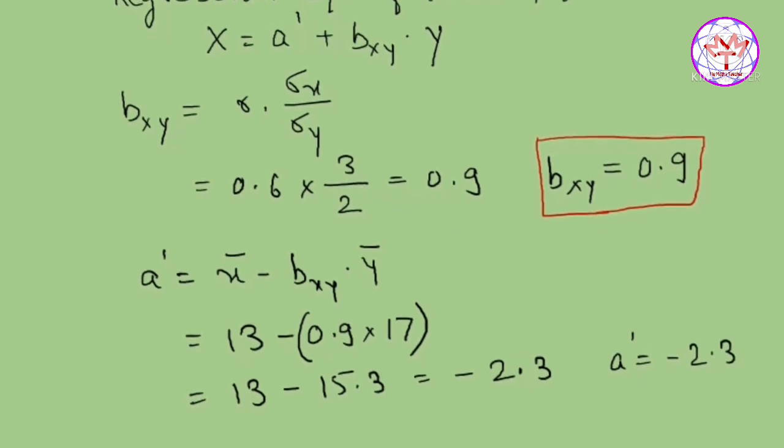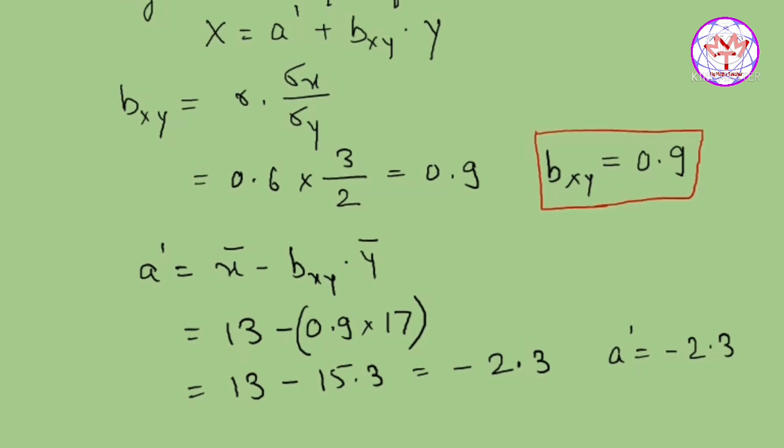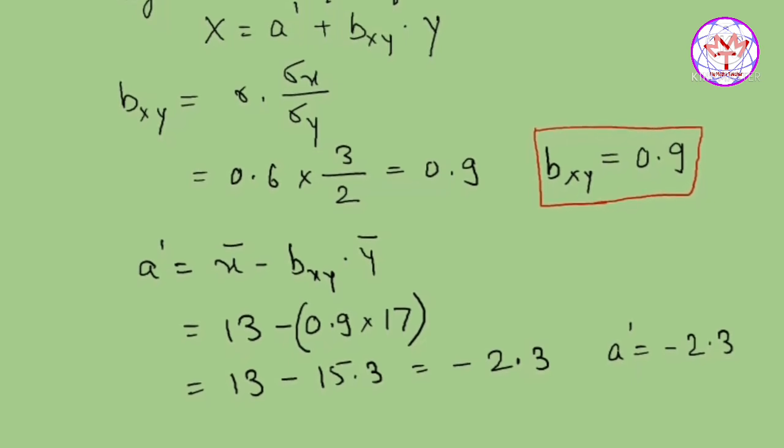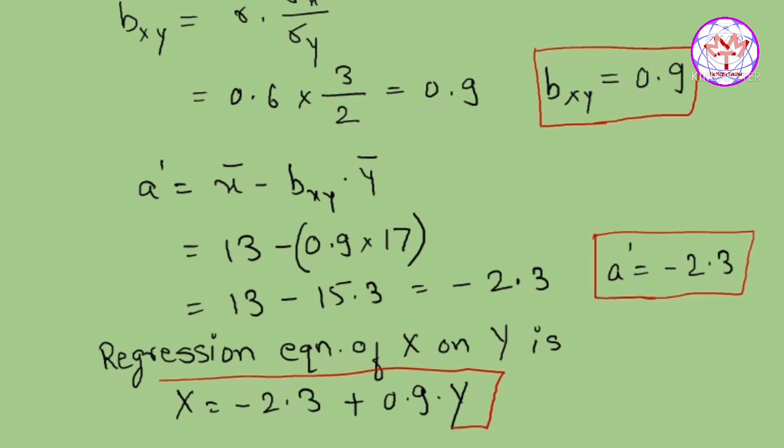Now as usual, we'll substitute the values of bxy and a dash in the regression equation of x on y. So we get x is equal to a dash is minus 2.3 plus bxy is 0.9 into y. So this is regression equation of x on y. Now we have to estimate x when y is equal to 15. So we will substitute y is equal to 15 in this equation.